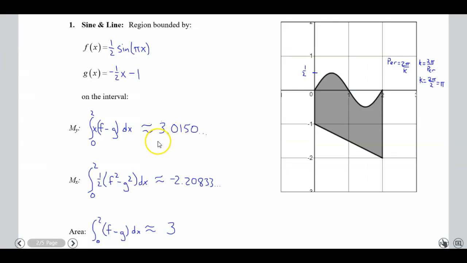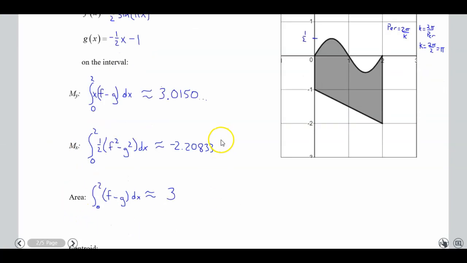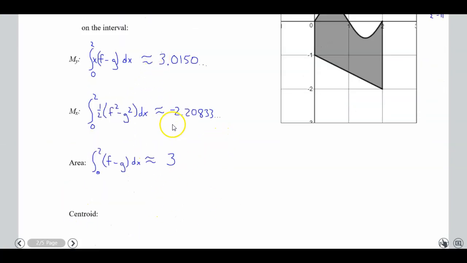All right, so I've got this Mx, My, and area written down here. The centroid, remember, we're just going to divide those out. So we want to take that 3.0150 with other decimals. If you want to be more accurate, you can include those. We're going to divide that by 3. The negative 2.2083 repeating.